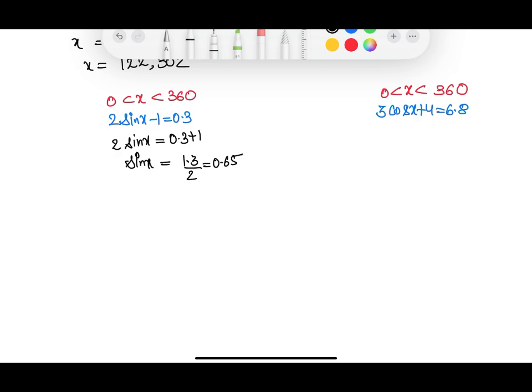And again, let's draw the CAST for both. As it's a positive number, it's going to be the first and the second quadrant.